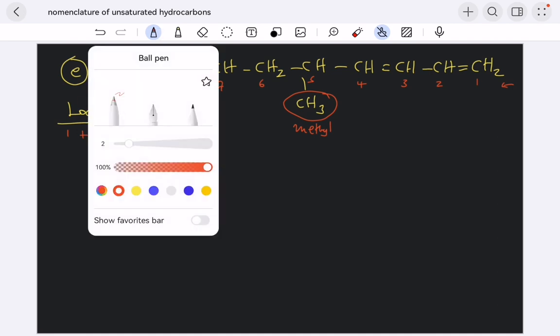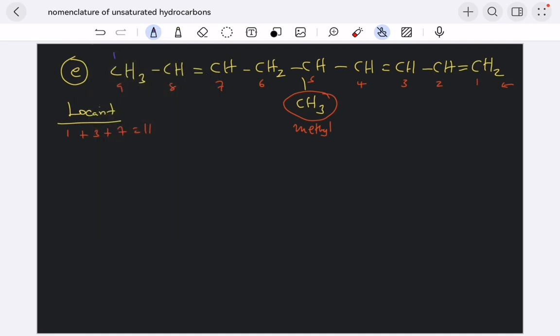But if we go the other side, meaning 1, 2, 3, 4, 5, 6, 7, 8, 9, the double bond starts from position number 2, plus another double bond at position number 6, plus another double bond at position number 8, which gives you 16. So you notice that the correct counting is when we start from this side, which is red.